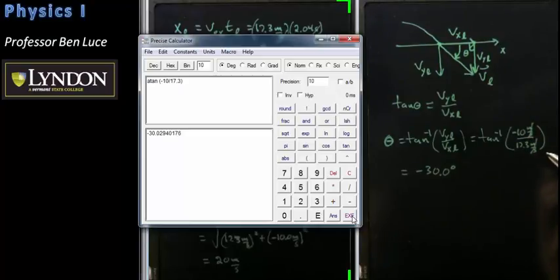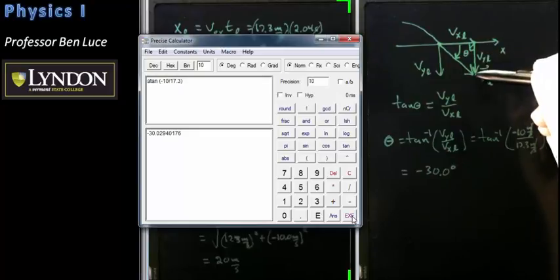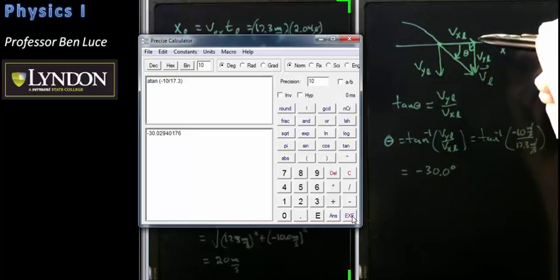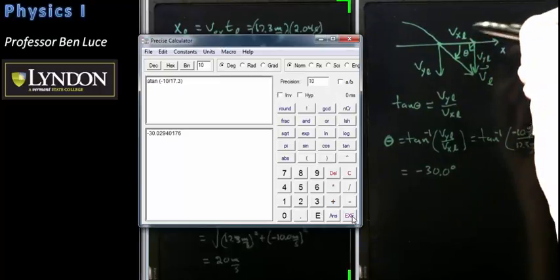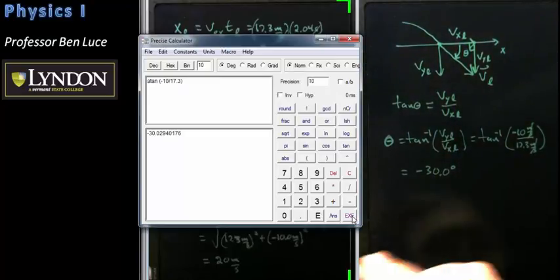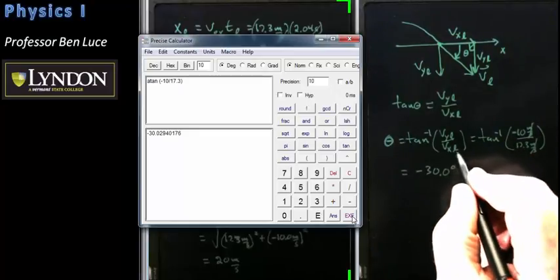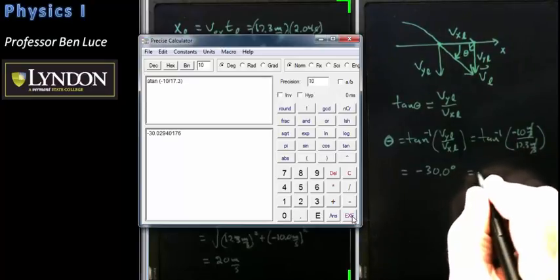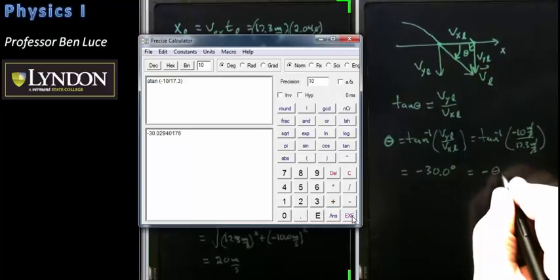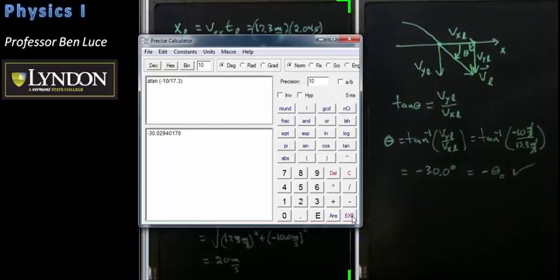So the calculator just assumes that it's the number on the top that's negative, and so that implies an angle moving clockwise from the x-axis with a negative sign, as opposed to an angle in the second quadrant that would have a negative x value and a positive y. All right, but in any case, we see that this matches minus the launch angle, which we can call theta naught. And that confirms the nice symmetry in this problem.